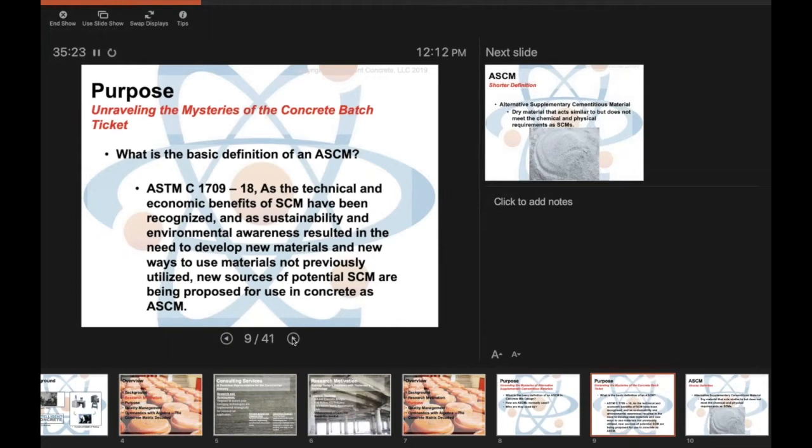So that being said, there's a lot of new technologies, whether it's pet coke ash, hemp ash, corn husk ash. There's a lot of new and emerging technologies on concepts that might have been sitting on a shelf for decades that have the ability to make our concrete stronger and last longer.